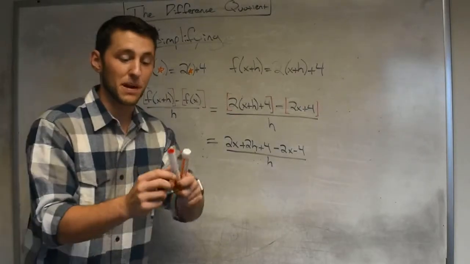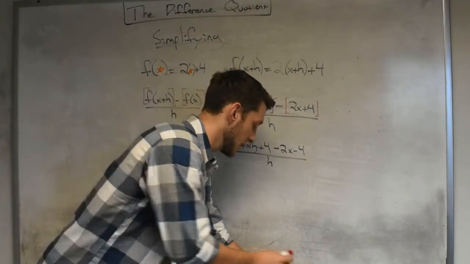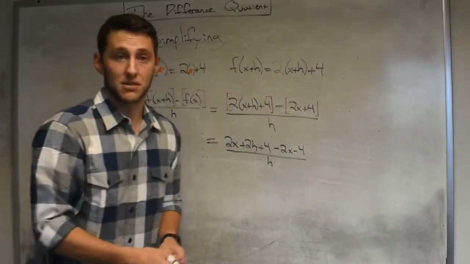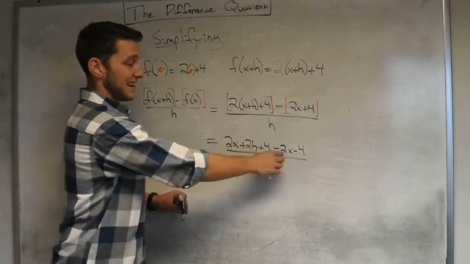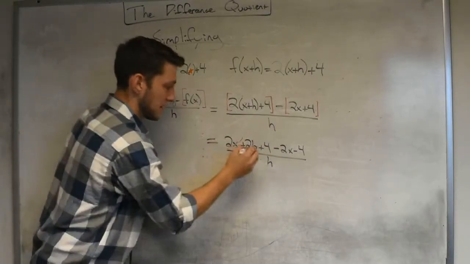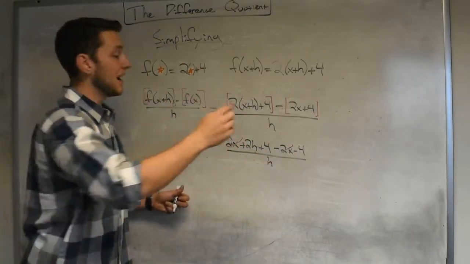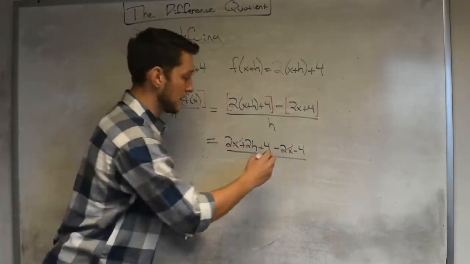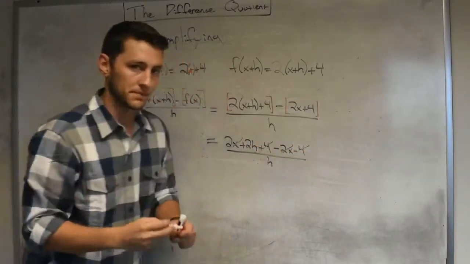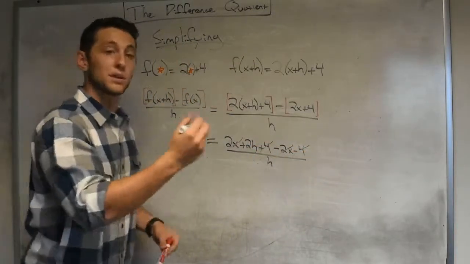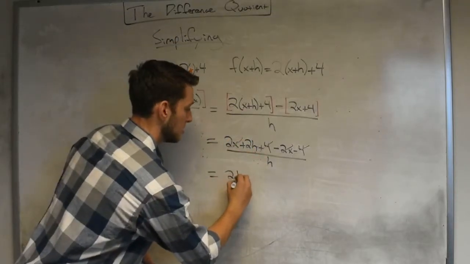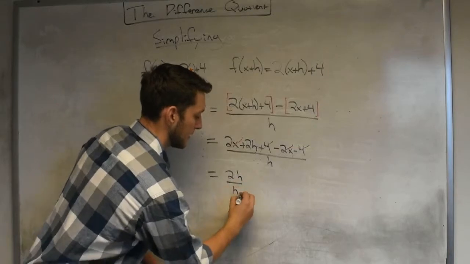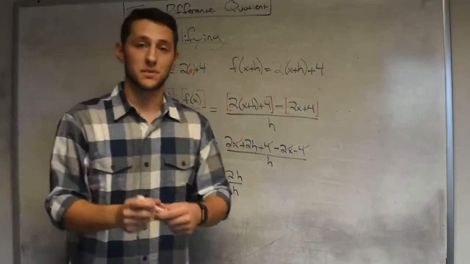Now we're in a pretty good spot. And we're going to break out the red marker just because it's super fun to do when we're canceling. If you notice, I have a 2x right here and a negative 2x. Cancel, cancel. I have a plus 4 and a minus 4 right here. Cancel, cancel. And what we're left with is just a 2h on the top divided by an h.